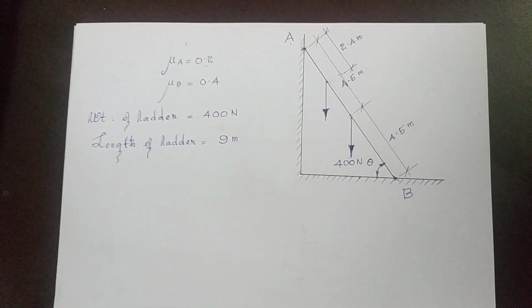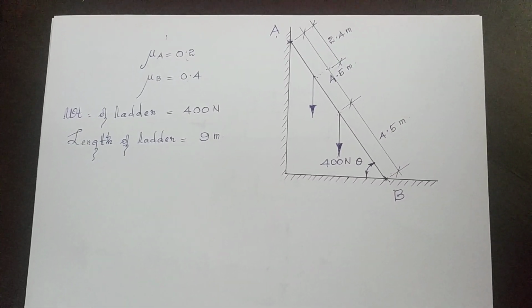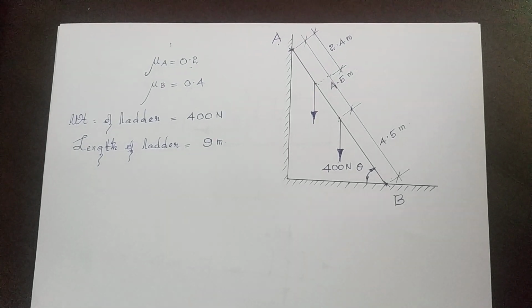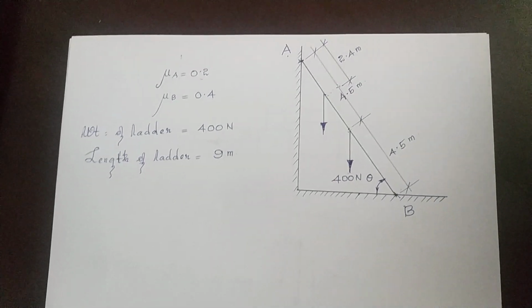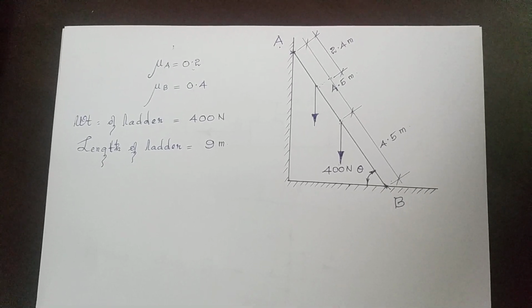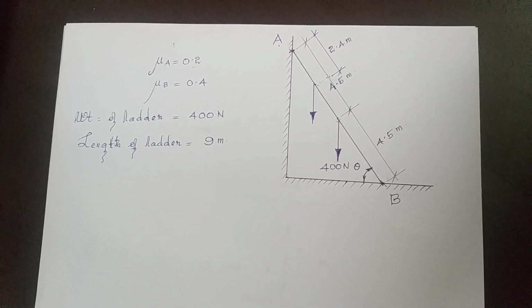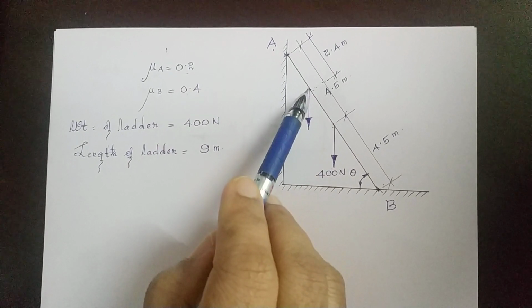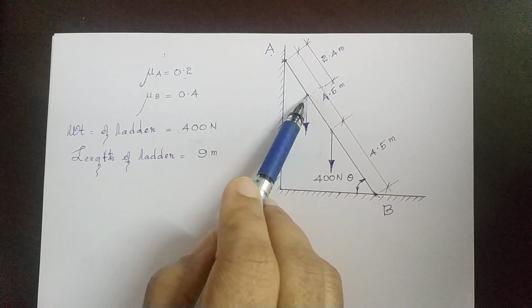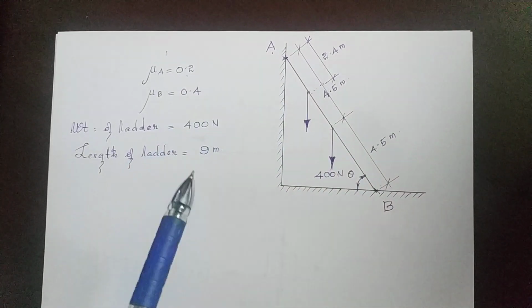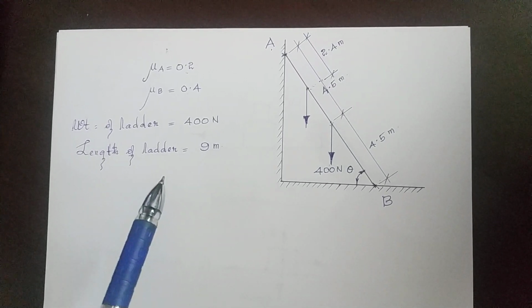And the question is, when a man of weight 900 Newton carrying a box of 108 Newton stands on the ladder at 2.4 meters from the top, the ladder just starts to slip.